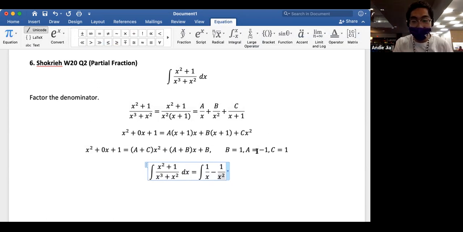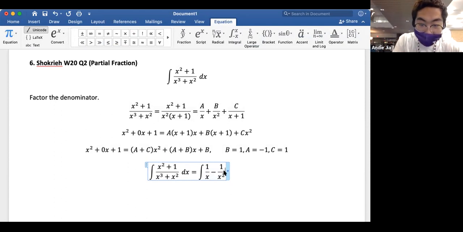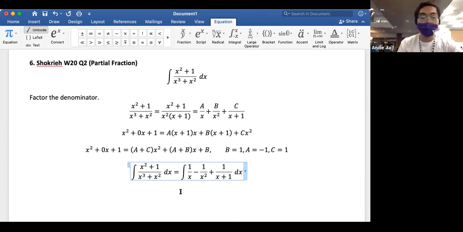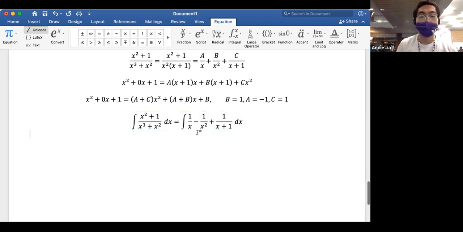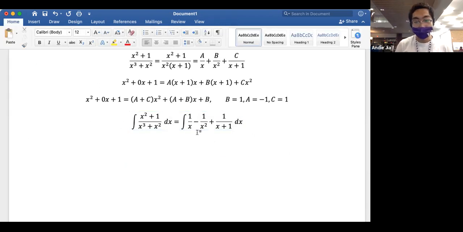If you see a negative constant on the bottom, just write the negative sign in to make it easier to see. Then plus c, which is 1 over x plus 1. Just get through it. So does this make sense to you?